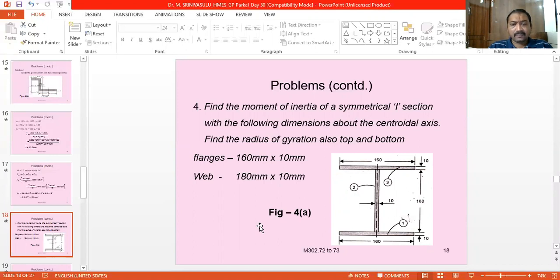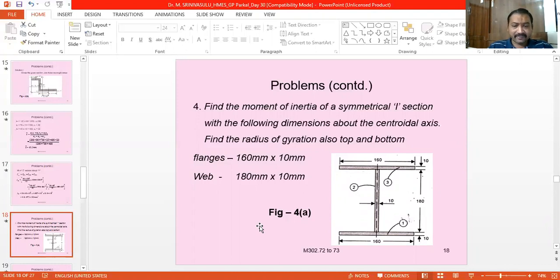Find the radius of gyration also. Here the top and bottom flanges are 160 mm by 10 mm and the web is 180 mm by 10 mm.